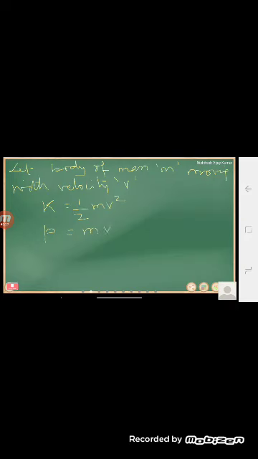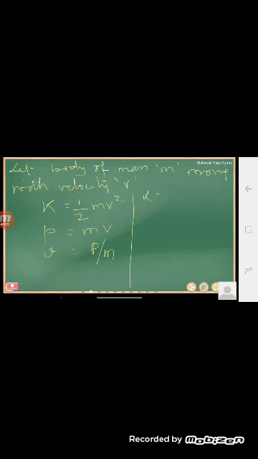Now, from the relation of momentum, we can find out v is equal to p by m. Okay, now we'll substitute the value of v in place of velocity in kinetic energy.